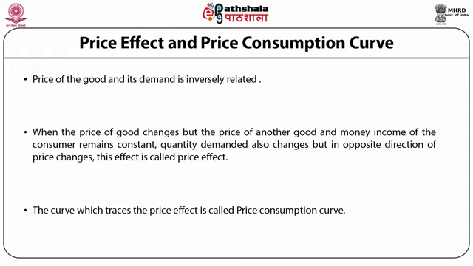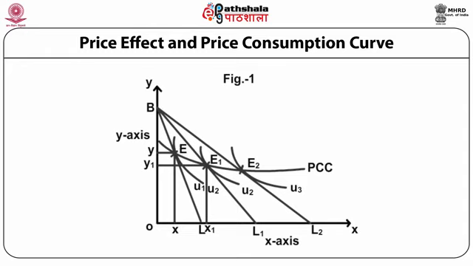Now let us discuss how we can show the price effect and price consumption curve diagrammatically. In this diagram, good X and good Y are measured along the horizontal and vertical axes. Initially, BL is the budget line and U1 is the indifference curve.